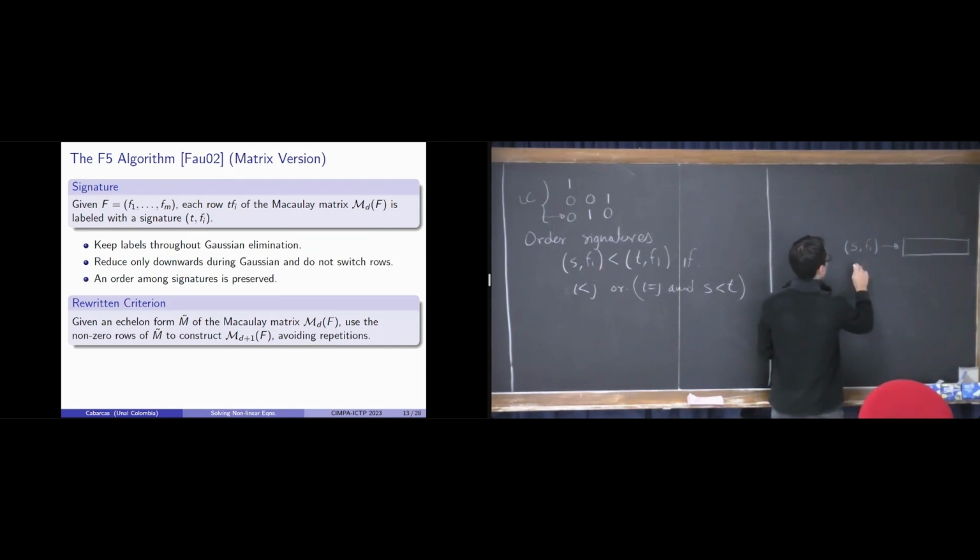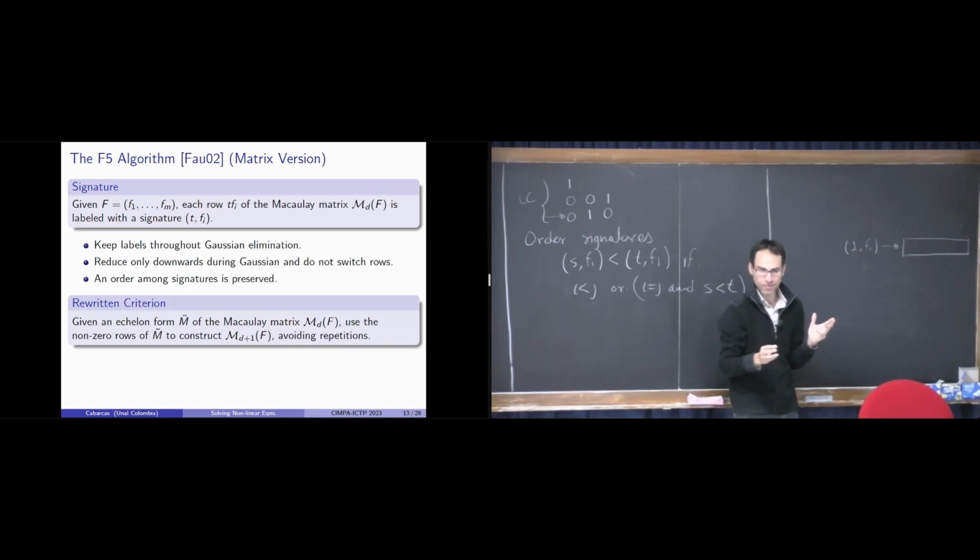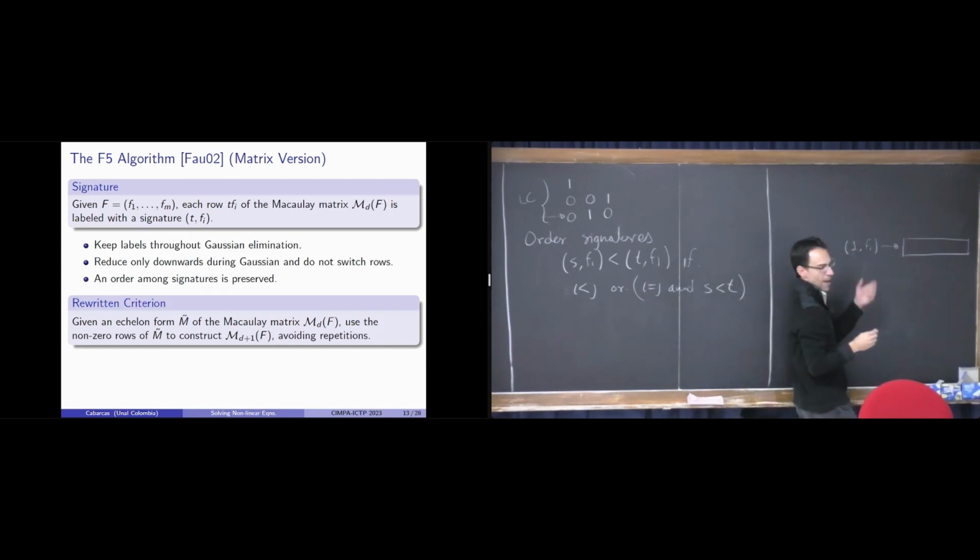So let's be specific here. Let's say this is just 1 times Fi, so this is just the original Fi. Let's say it's a quadratic polynomial, so we are at degree 2. And we also have 1 Fj. This is another row in the Macaulay matrix.